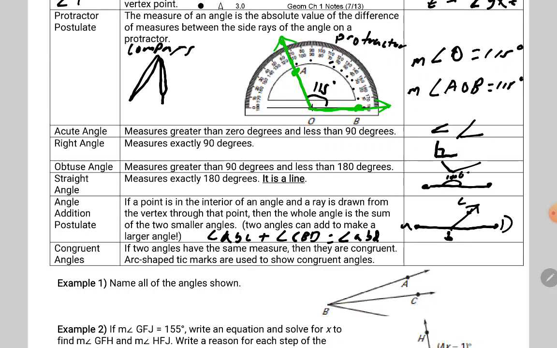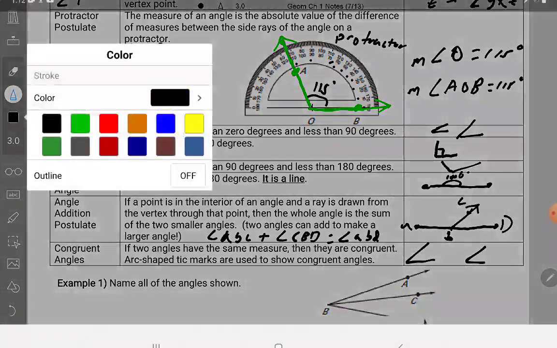And then lastly, angles can be congruent if they have the same measure. I'll use a different color. Come on, give me a color. Color, please. There we go.